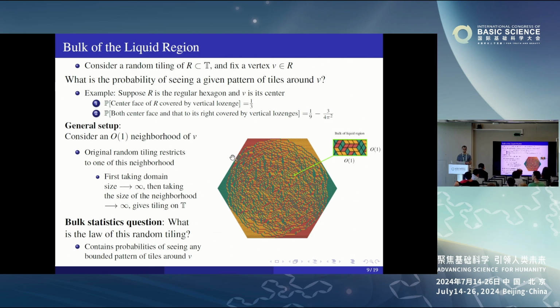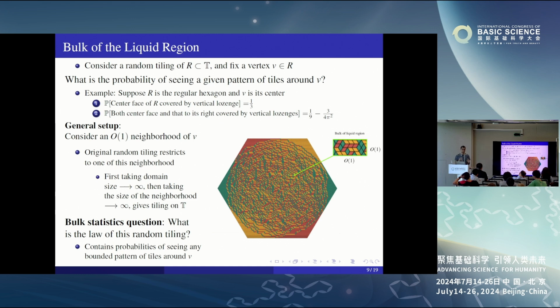After I do that, my random tiling of the big domain restricts to a random tiling of my growing neighborhood. That growing neighborhood exhausts the triangular lattice in the limit, and what I get is a random tiling of the triangular lattice. This will contain any pattern I'm after; in particular, it contains the pattern I drew, and all local probabilities are contained in that growing neighborhood.